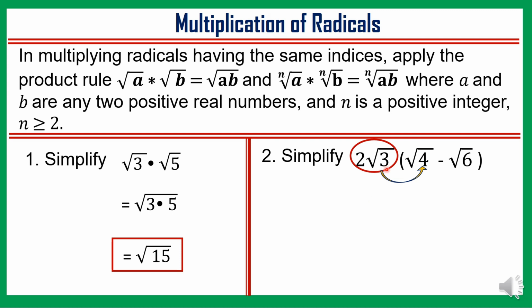So, ano lang po ang imumultiply natin dyan? 3 times 4, kasi sila ay parehong nasa loob ng radical symbol, and then kokopya lang natin yung ating 2. So, magiging answer dyan is 2 square root of 12. Next, multiply natin si 2 times square root of 3 kay negative square root of 6. Kagaya ng sinabi ko kanina, we cannot multiply directly the real number outside the radical symbol to the number inside the radical symbol.